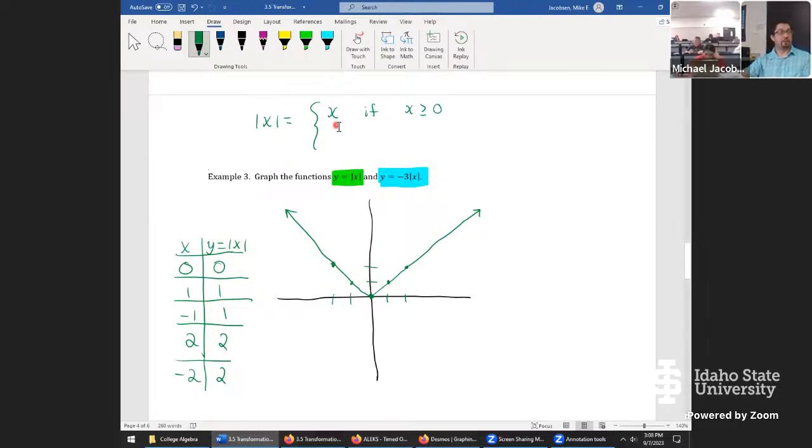Absolute value is always giving you a positive. So if x is positive, give x back. And if x is less than 0, meaning it's negative, you have to go negative x. That way, if you put in, say, a -2, it would be negative of -2, forcing it to positive.